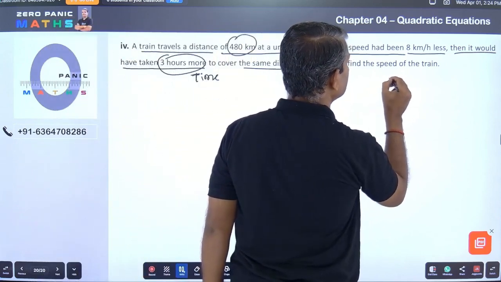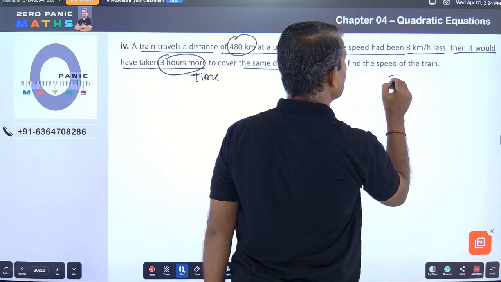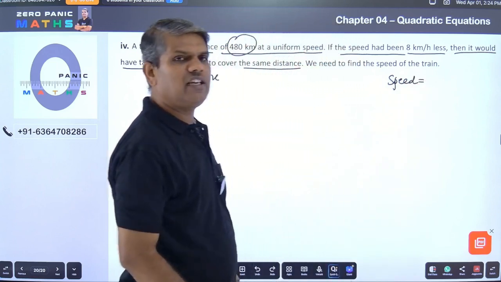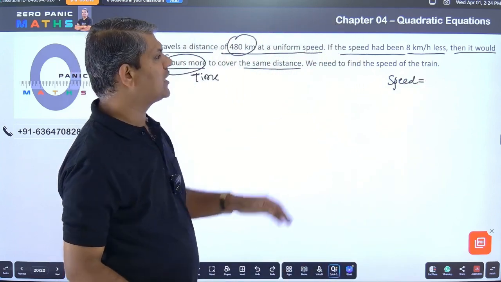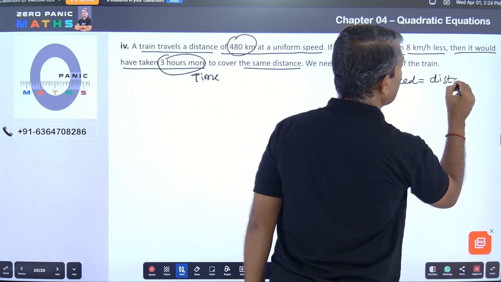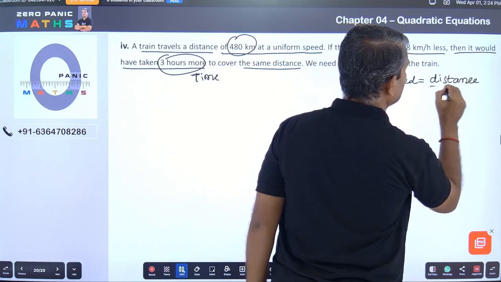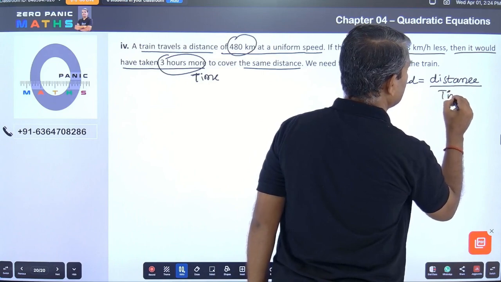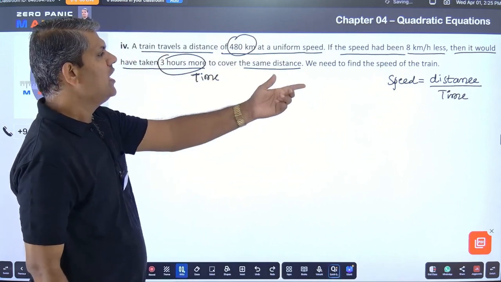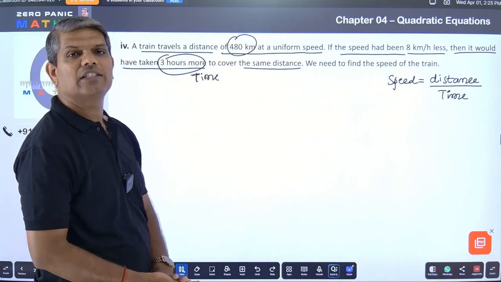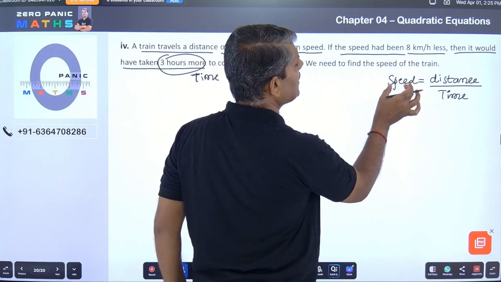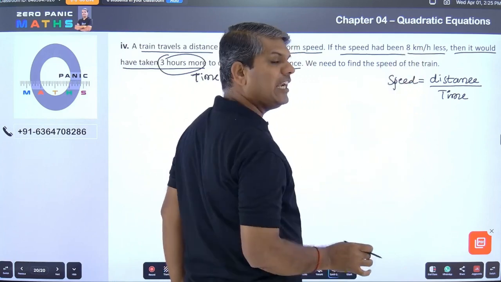You might have studied this in your 8th or 9th class: speed is equal to distance traveled divided by the time taken. You remember this? Speed, or velocity, is equal to distance divided by time. Since speed is given to us as x once and x minus 8 once, we will use this.